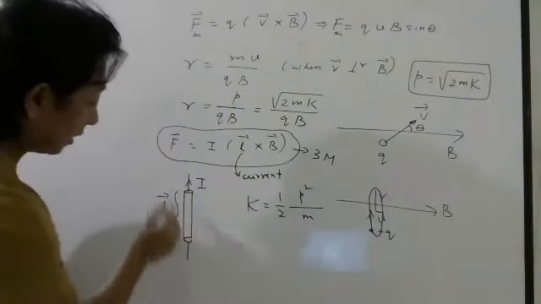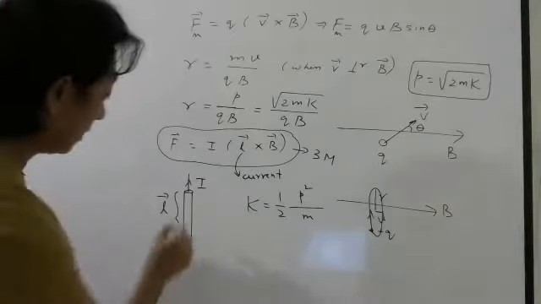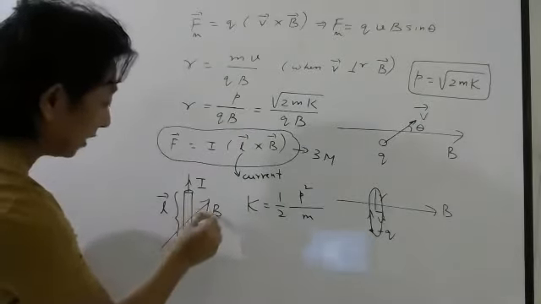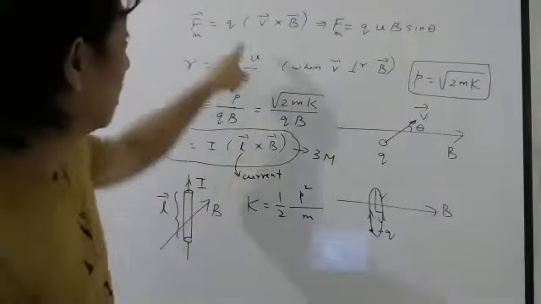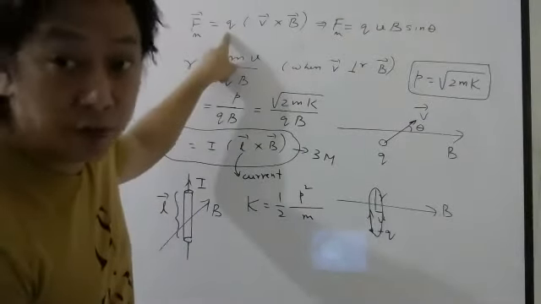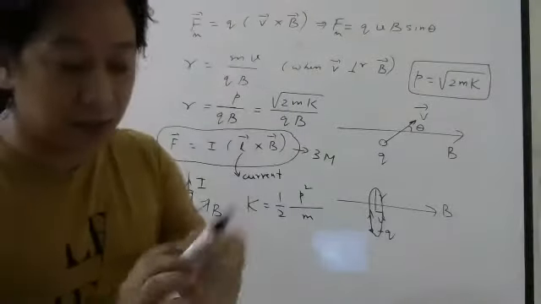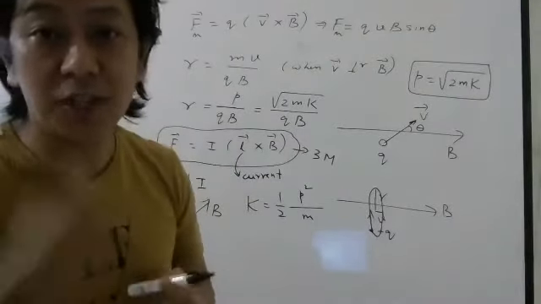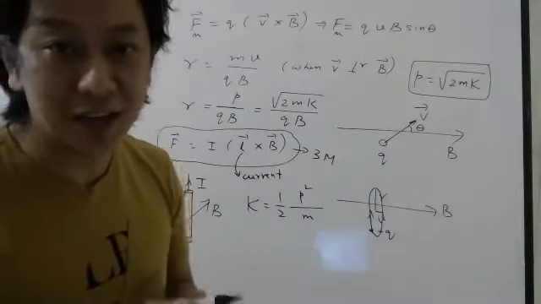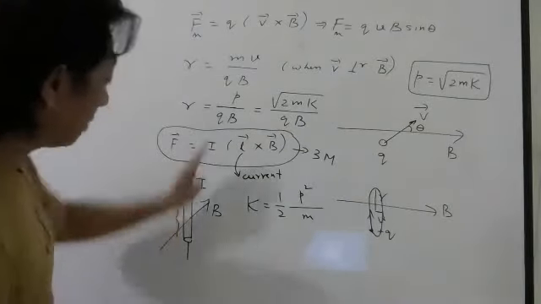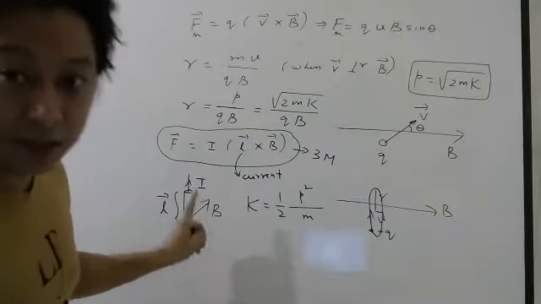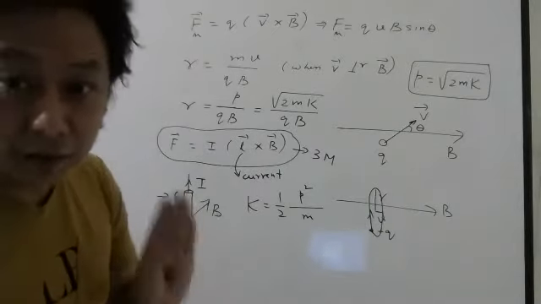Now, if this conductor which carries current is kept in an external magnetic field, then the conductor will also feel a force. Why? If moving charge feels a force, then current will also feel force, because what is current? Moving charge only, right? So if there is a current in a conductor and it is kept in a magnetic field, then also the conductor will feel a force.